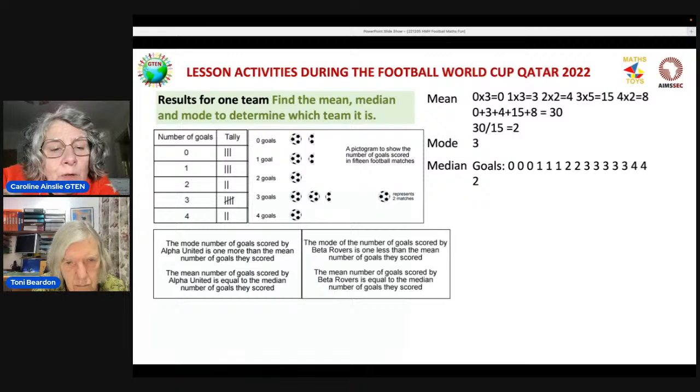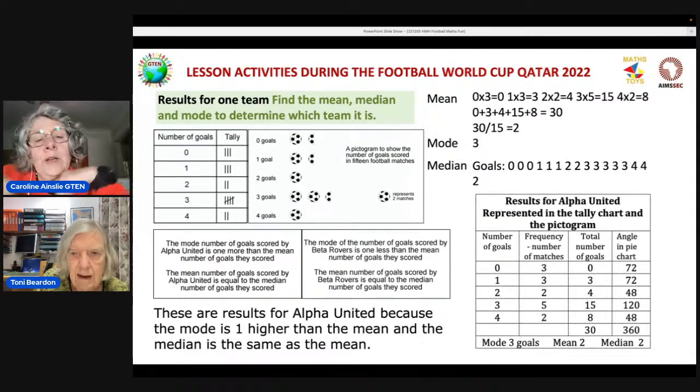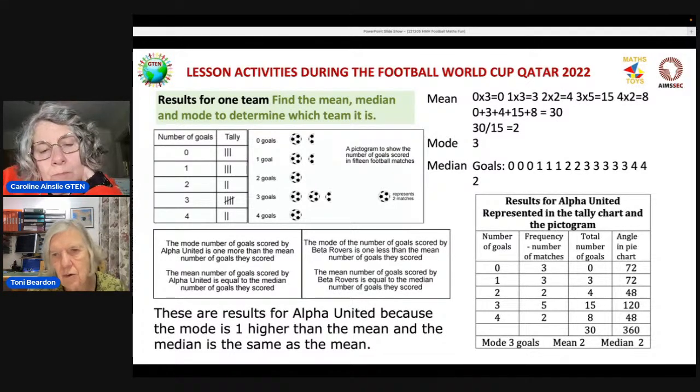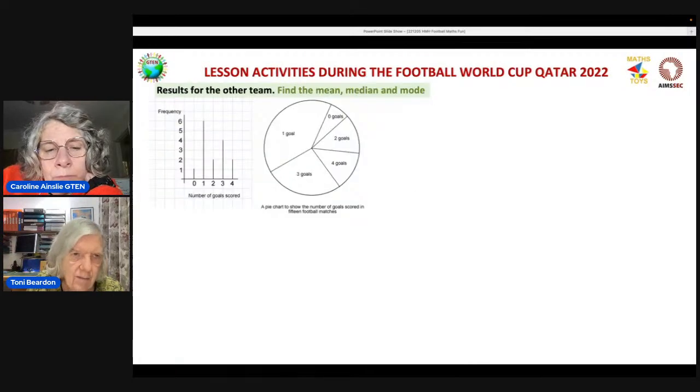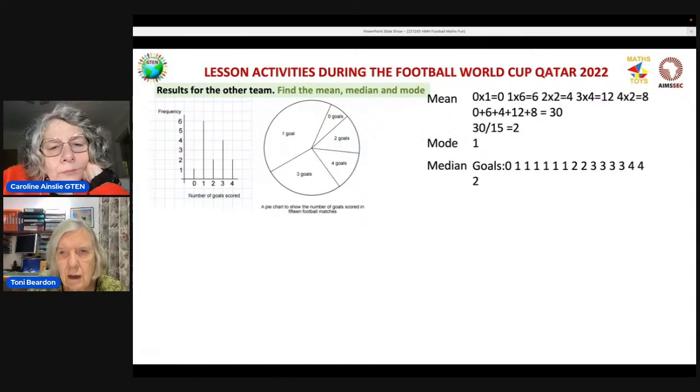The mode of the number of goals scored is 1 less than the mean. So that is not it. So it must be Alpha United, yeah. There's a summary of the results for Alpha United. And then for the other team, this must be Beta Rovers, you do the same thing.